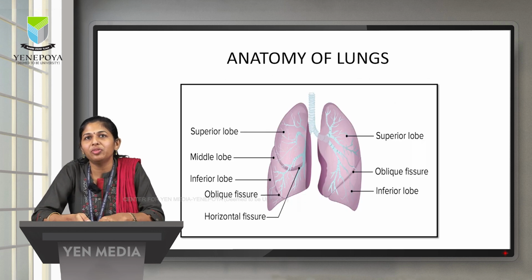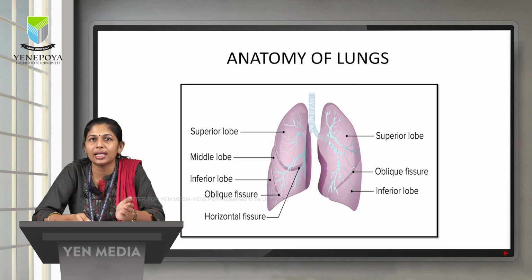Before moving to the anatomical classification of pneumonia, we should know about the anatomy of the lungs. As we all know, we have two lungs, the right lung and the left lung. The right lung contains superior lobe, middle lobe and inferior lobe, whereas the left lung contains superior as well as inferior lobe.